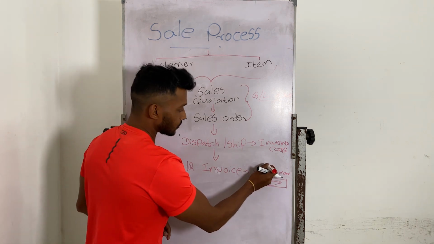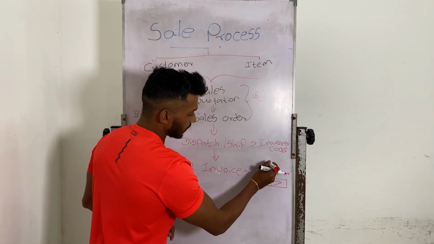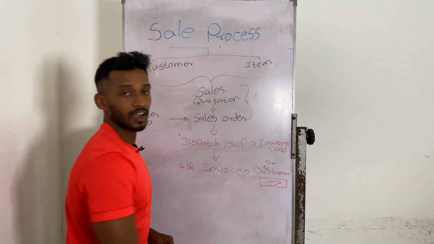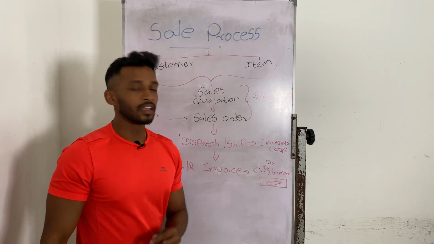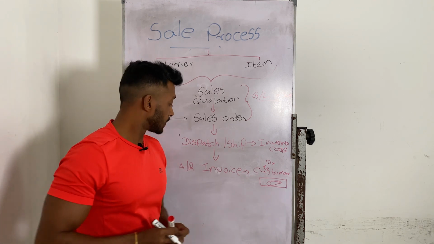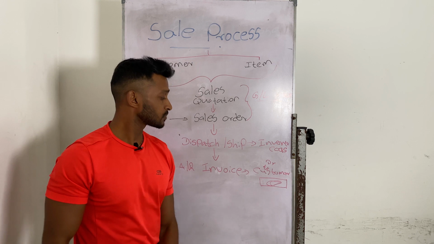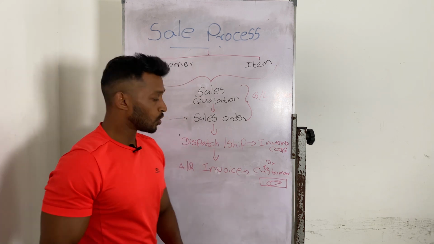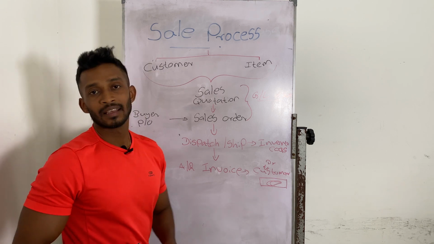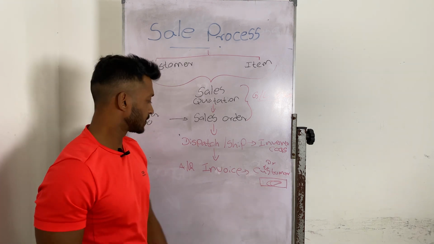I'll give you another clue: the customer will be debited, and which account is going to be credited when generating the AR invoice? If you are good in sales process double entries, you are welcome to answer this challenge. Let's see how many people answer this correctly.